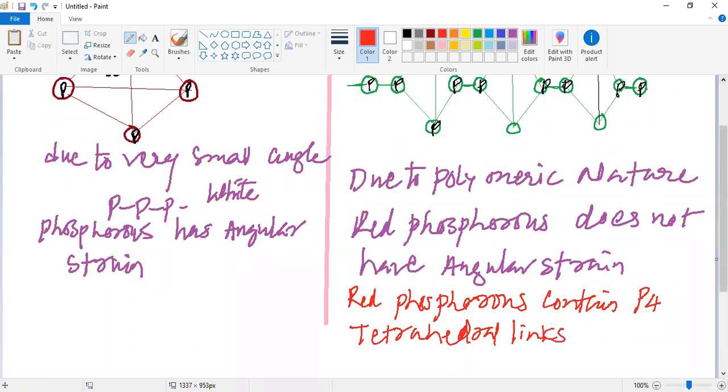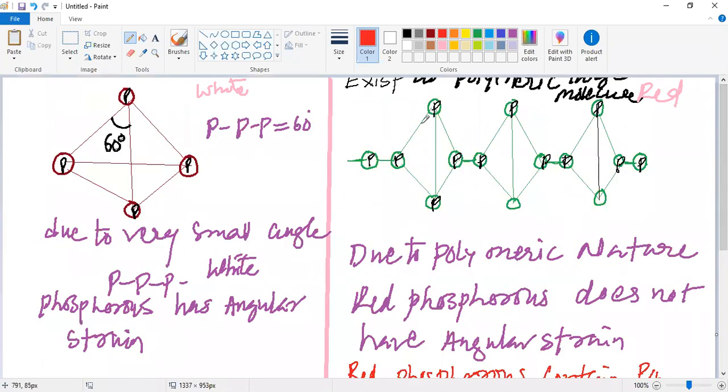Now you can see in this structure that this angle, which was 60 degrees at once, has been changed and increased to a greater size. These all angles were 60, but here this angle has been increased. It is more than 60.